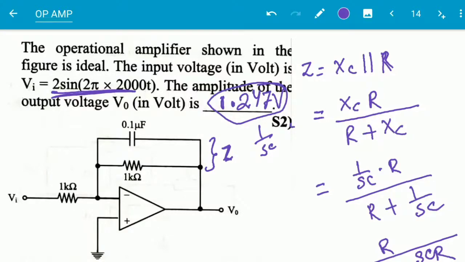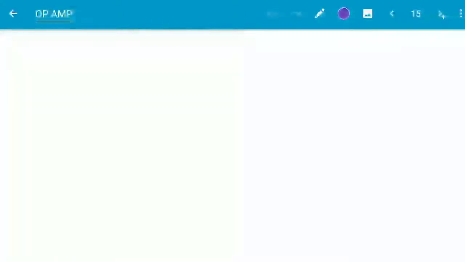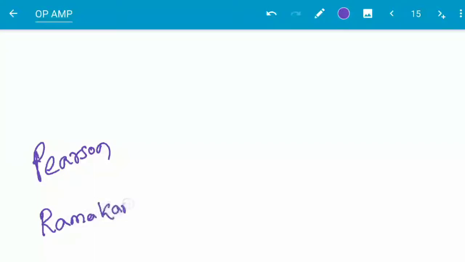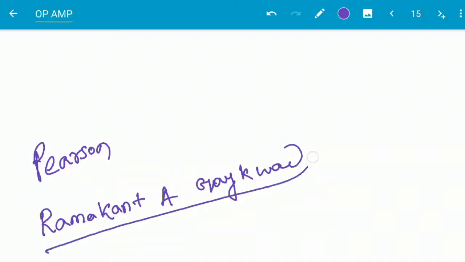If you want to study more about this op-amp, then there is a book from Pearson publication. The name of the book is Op-amps and Linear Integrated Circuits by the Indian author Ramakant A. Gayakwad.